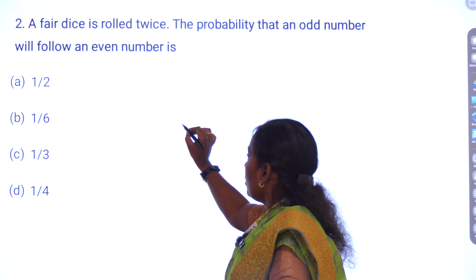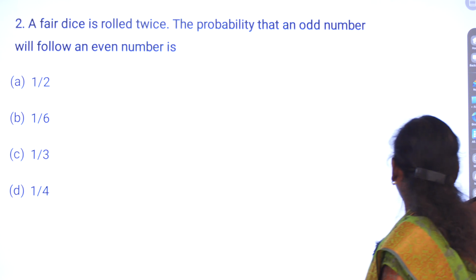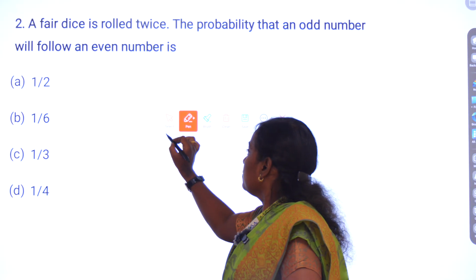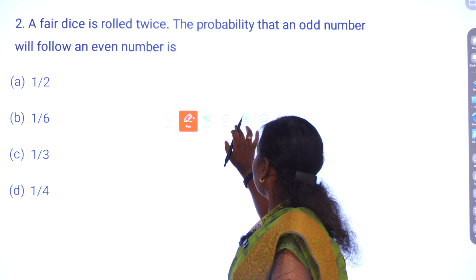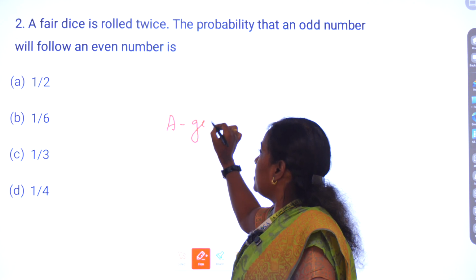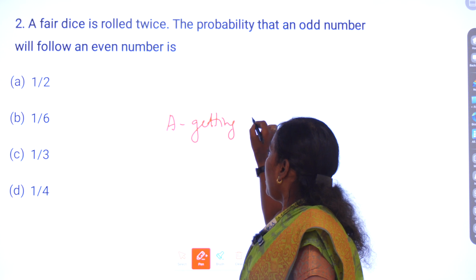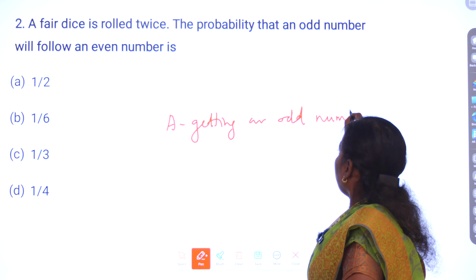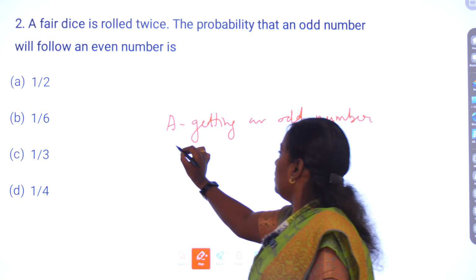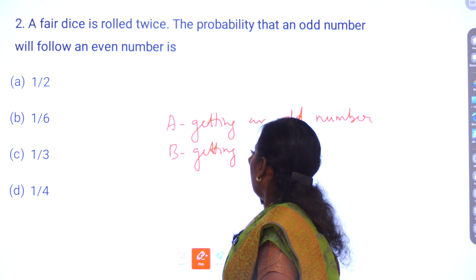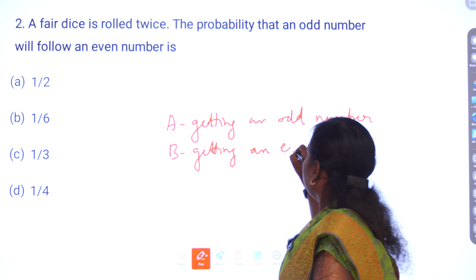So let us denote the 2 events: A as getting an odd number, B as getting an even number.